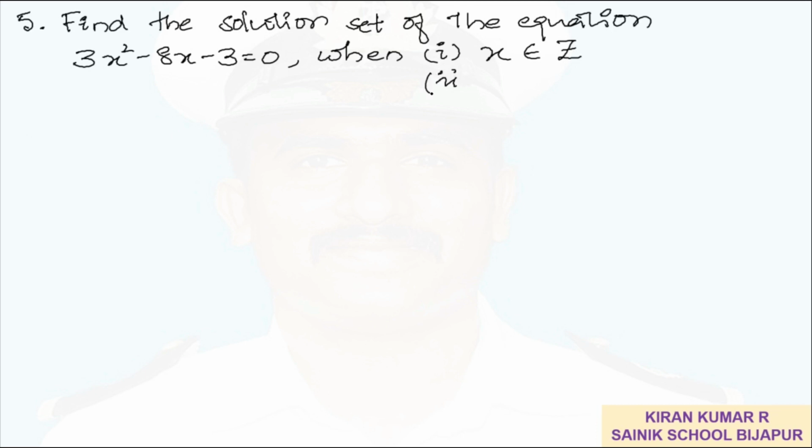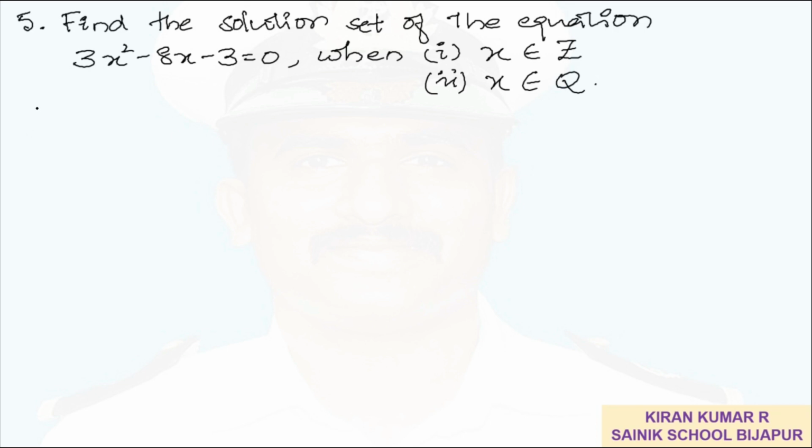Second one, the root is a rational number. Like in the third question, we would first find the roots. Once the roots are found out, then we have to identify whether the roots are integer or a rational number. We have to list them.